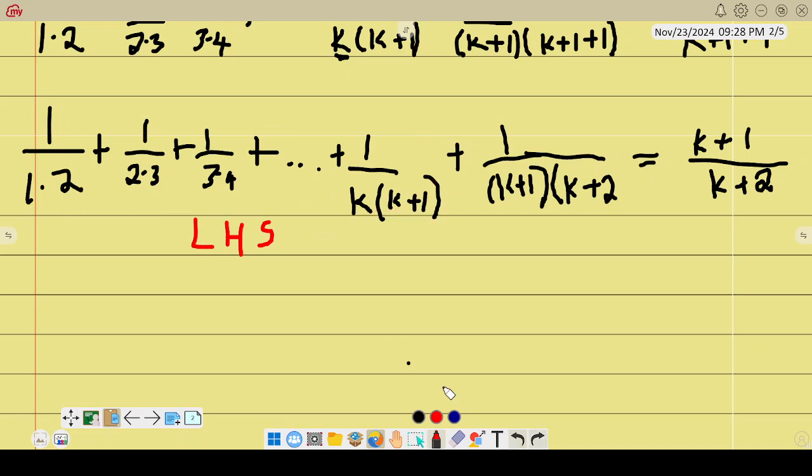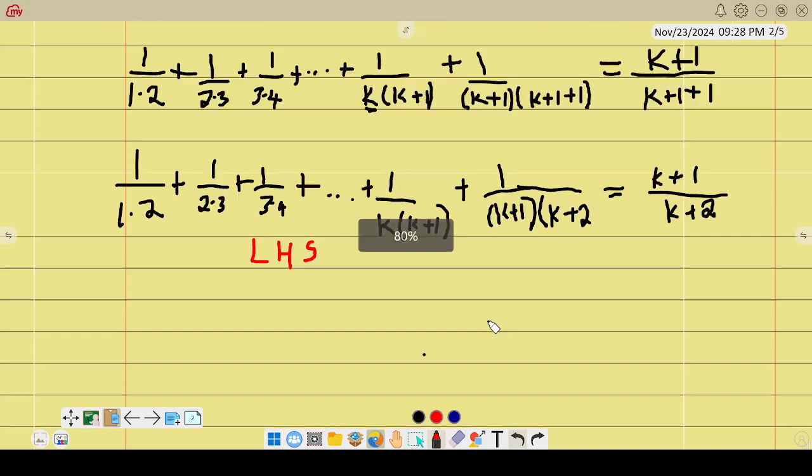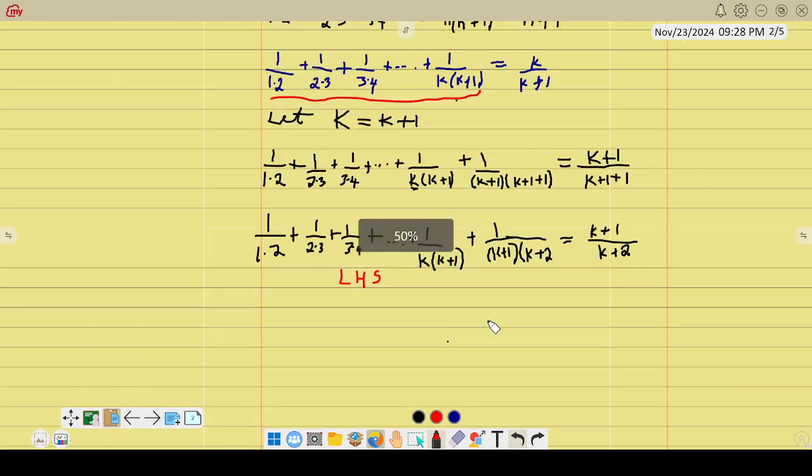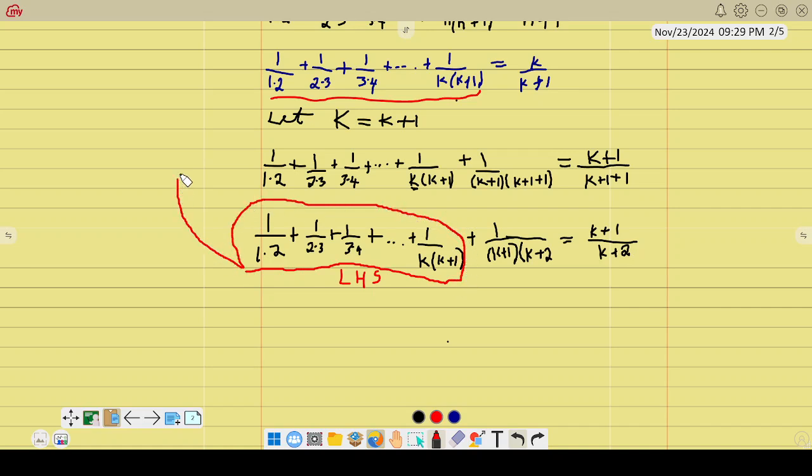It will be substituted. This part which has the dots is the one I highlighted. The whole lot of this is just the same as this one up to this point.